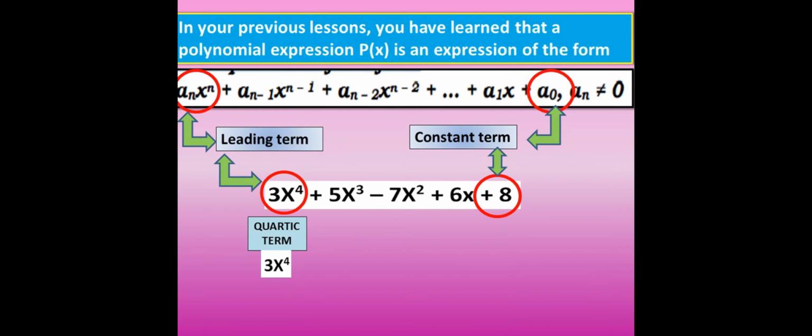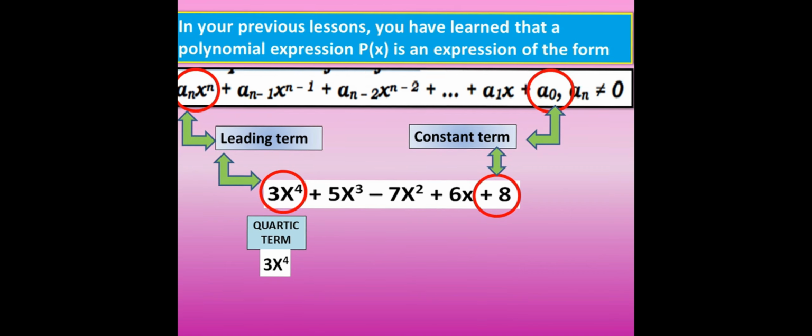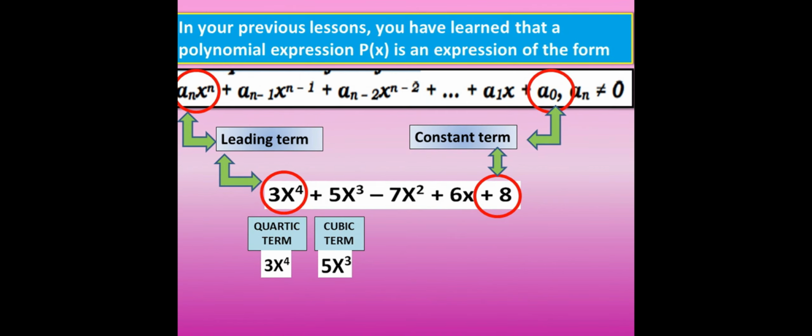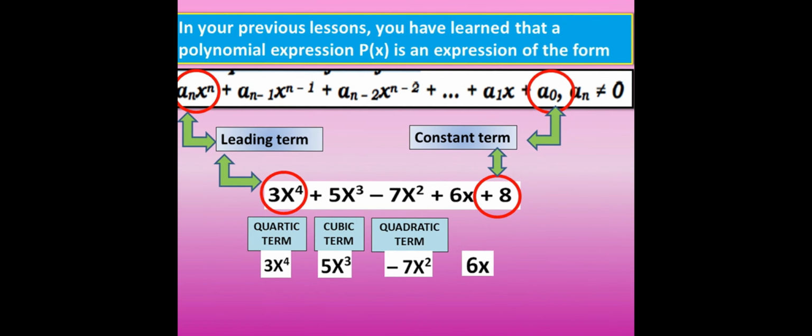In the other terms, we call 3x to the 4th power the quartic term, 5x cubed the cubic term, negative 7x squared the quadratic term, 6x the linear term, and of course 8 is the constant term.